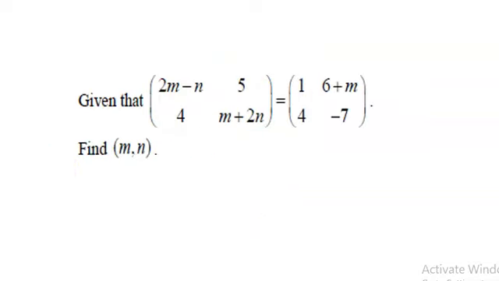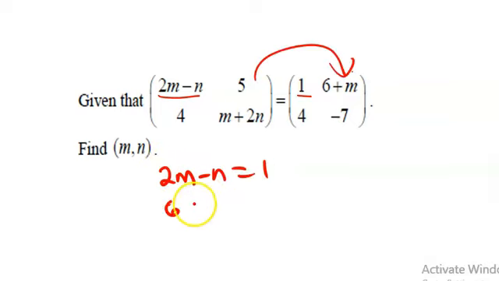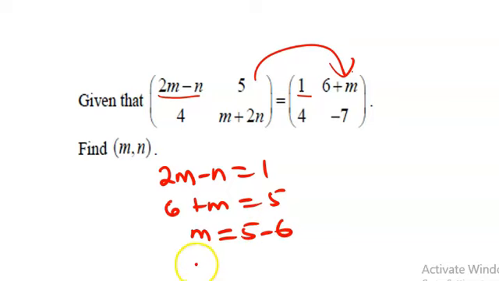Simple as that. Given that the matrices with entries 2m minus n, 4, and m plus 2n, 6 plus m are equal, we have to find m and n. So by equality of matrix, you can say 2m minus n is equal to 1. Turning this, so 6 plus m is equal to 5. M will be 5 minus 6.